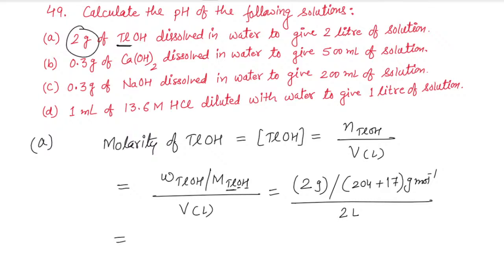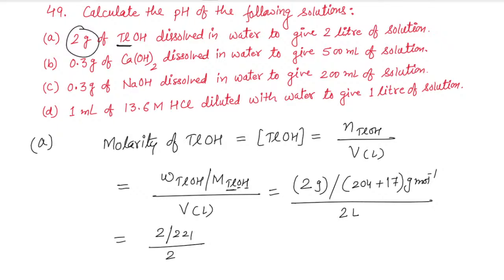So just solve it. What is the value? 2 divided by 221 over 2. So what is the value now? See, 1 divided by 221.